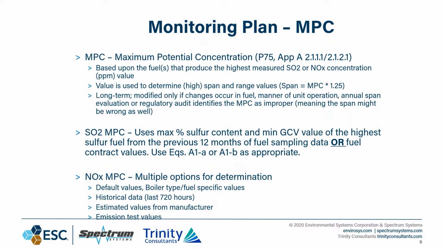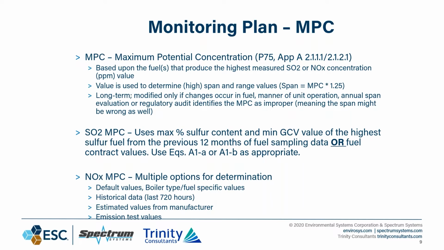Using SO2 as an example, it usually uses the maximum percentage sulfur content and minimum gross calorific value of the highest sulfur fuel that you burn from the last 12 months of fuel data or fuel contract values. There are equations in the regs, A1 alpha, A1 bravo, that you would use as appropriate to determine your max potential concentration.